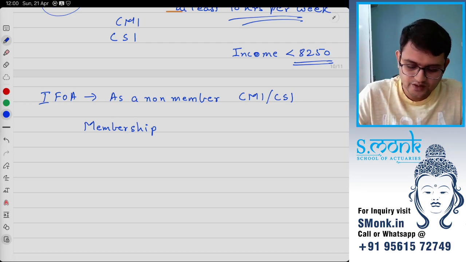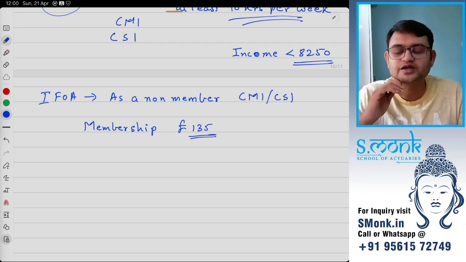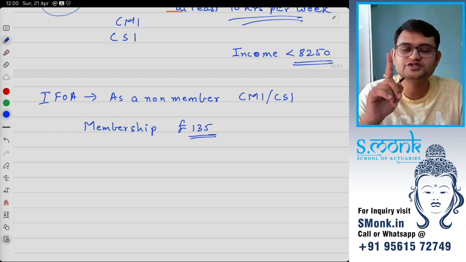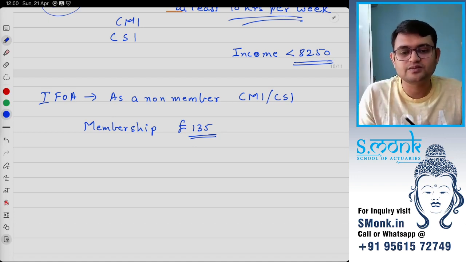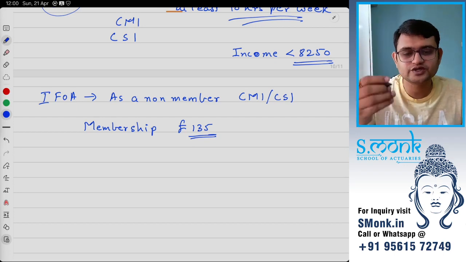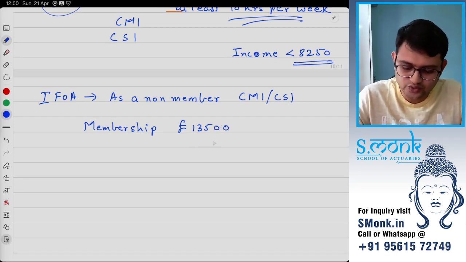So the membership fee is 135 pounds. This is the membership fee that you have to pay once. Again, the conversion rate is around 100, so you can just add two zeros to convert it into rupees.